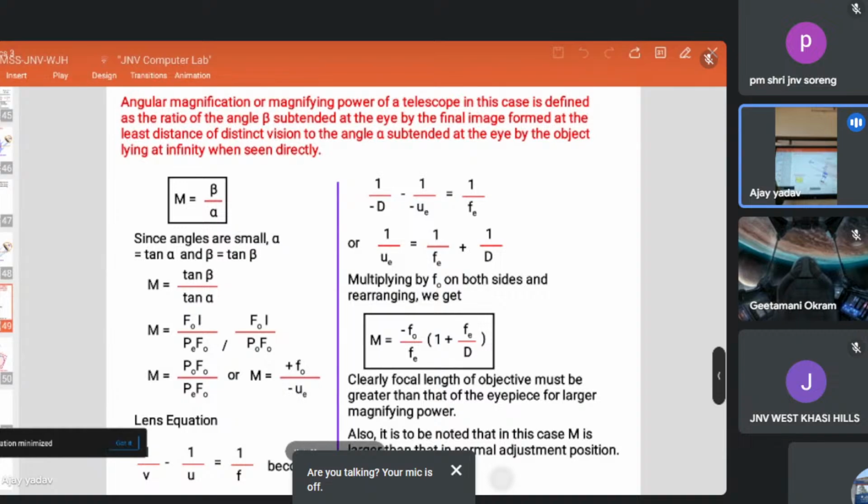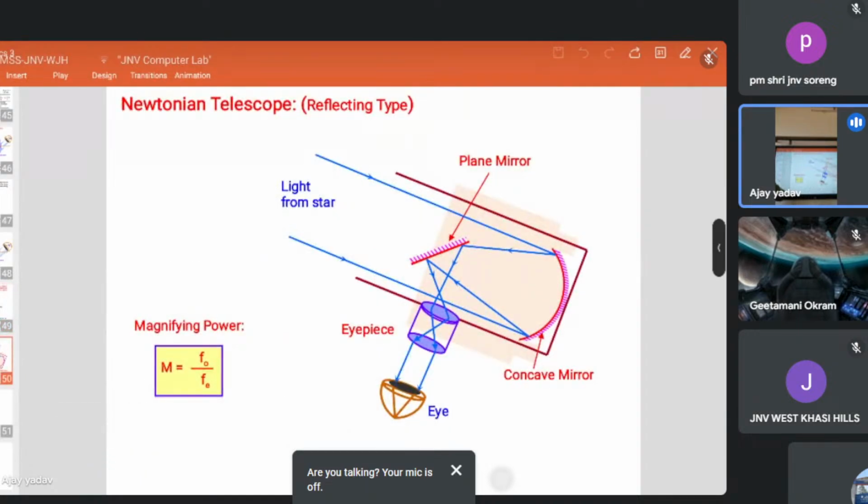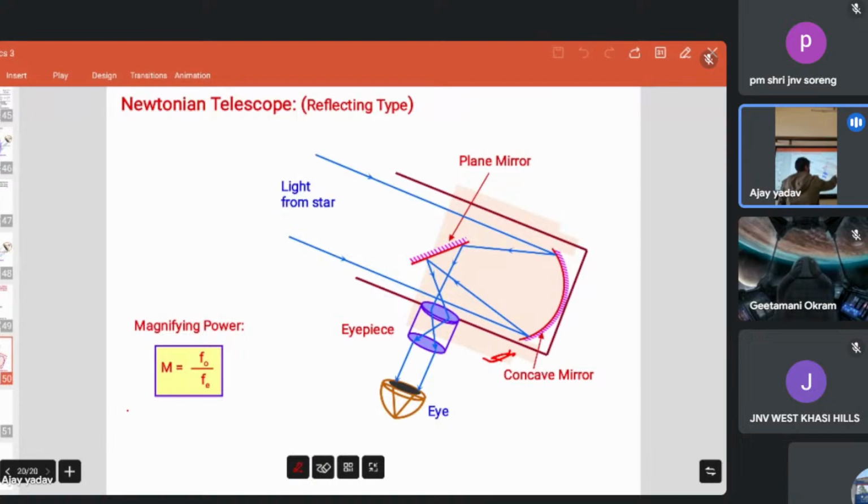Next is the Newtonian telescope. This is a reflecting type telescope. This telescope is more effective because here there is no lens, only mirror, so no spherical aberrations are there. If the rays incident on the mirror parallel to the principal axis, they will reflect.